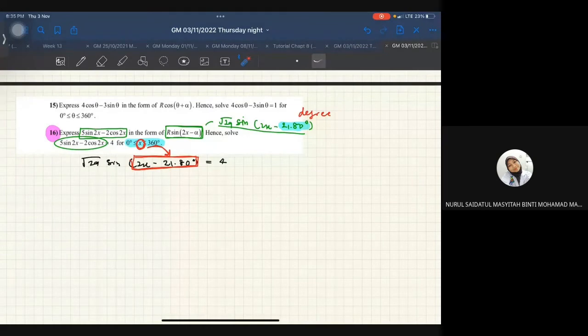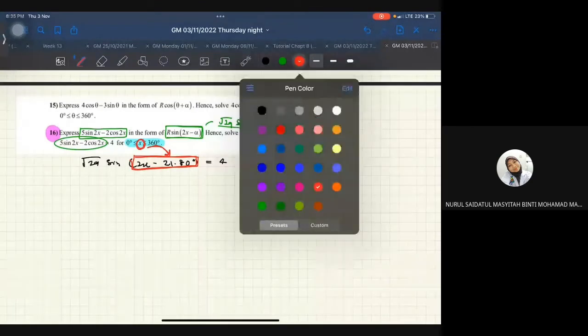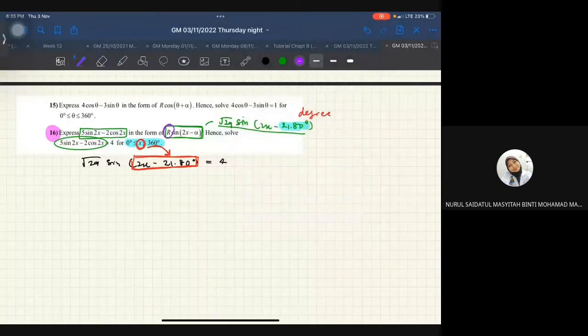And then another two things yang saya nak tekankan dekat sini is apa syarat untuk R? What is the criteria? Bukan kriteria, syarat. Kiranya nilai untuk R tu dia mesti apa? Boleh faham tak soalan saya? This one. R value. Apa syarat dia? Greater than zero. Betul?